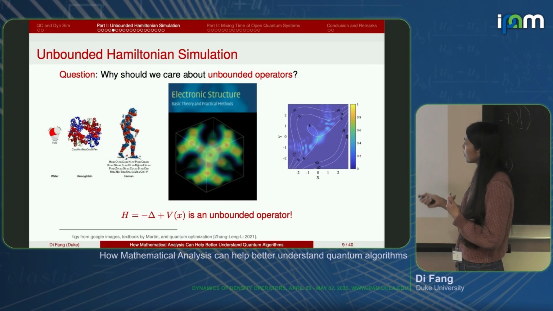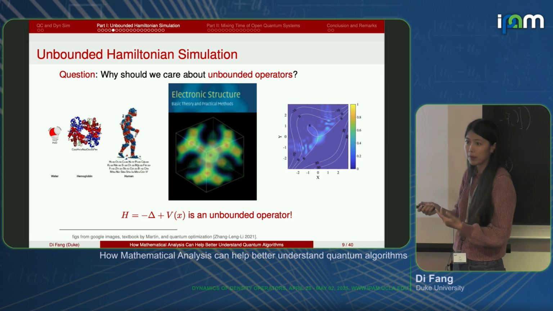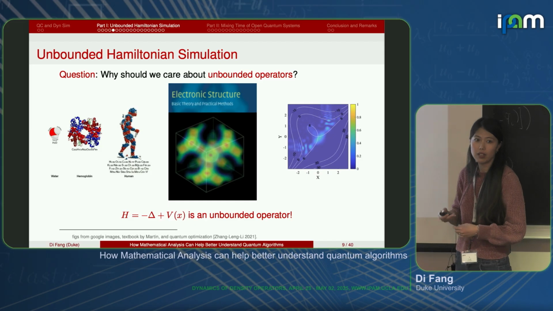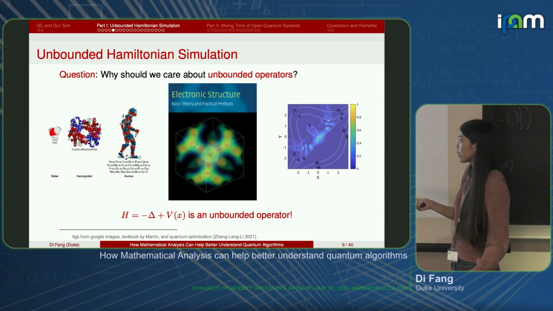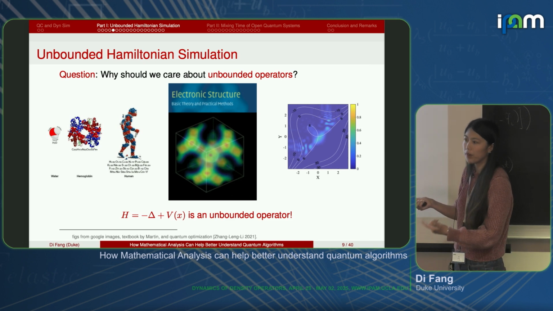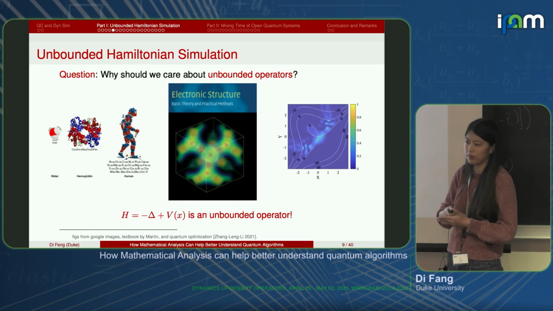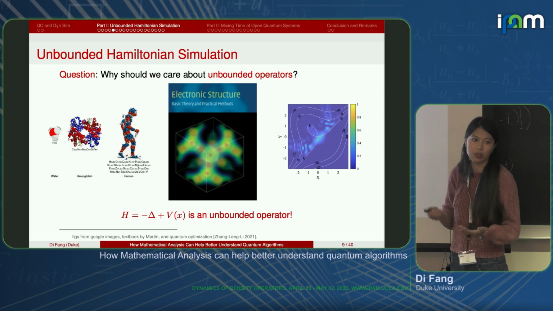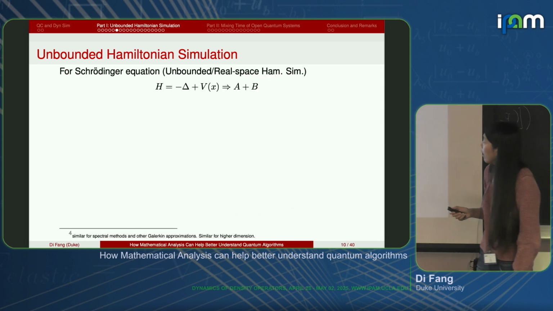In particular, all of these Hamiltonians have the form of Laplacian plus potential, where the dimension can be arbitrarily high, D dimensions, where D is 3 eta, depending on how many particles you have. But the form is this. Why do I say it's an unbounded Hamiltonian? It's because from L2 to L2, a differential operator like the Laplacian is not going to be bounded, because L2 functions do not necessarily have bounded derivatives.